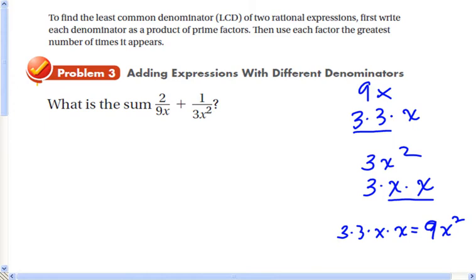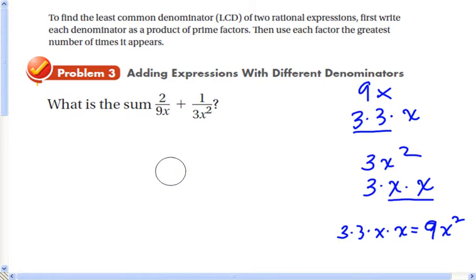So we need to change now our fractions so that their denominator is 9x squared. To do that, I have to think about what number am I multiplying 9x by to get 9x squared? To get 9x squared, I need to multiply it by x.